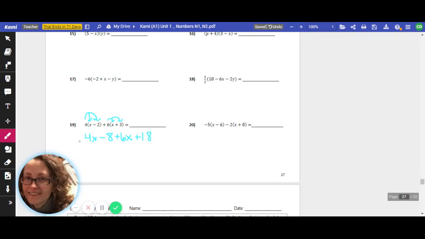Now if I look at my terms here, I do have like terms where I have my common variables. So 4x's and 6x's become 10x's, or 10x. And then -8 and positive 18 give me a total of positive 10.